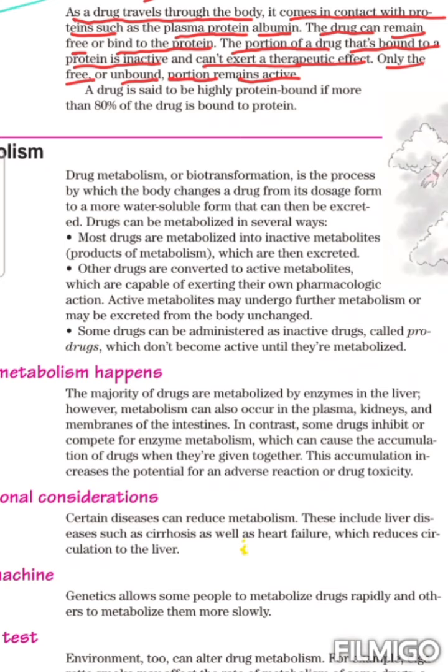Please keep this point in your mind. A drug is said to be highly protein bound if more than 80% of the drug is bound to the protein. So when 80% of the drug is bound to the protein, it is called a highly protein bound drug.